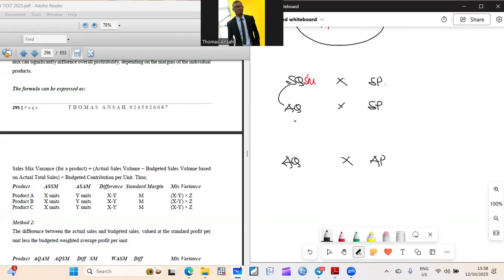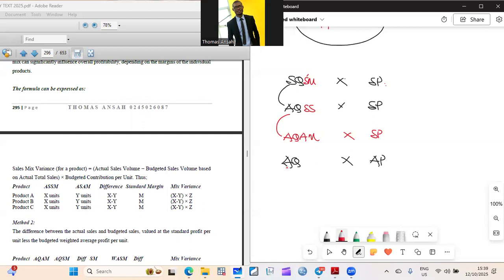So all that we are doing is to add SM to this. All right. Then here too, we will change to AQ, AM. Still maintaining the SP. All right. So that is that.